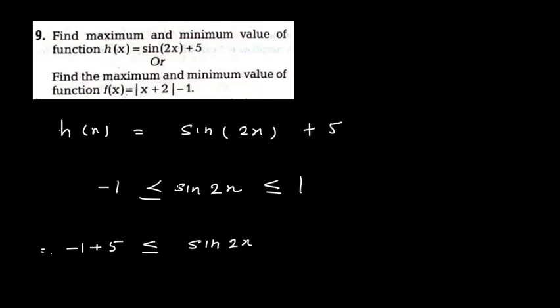So we already know that for any value of x, sine 2x is always between -1 and +1. So the minimum value of sine 2x is -1 and the maximum value of sine 2x is +1. So if I add 5 throughout, then what will I get? I will get -1 plus 5 is less than or equal to sine 2x plus 5, which is less than or equal to 1 plus 5.